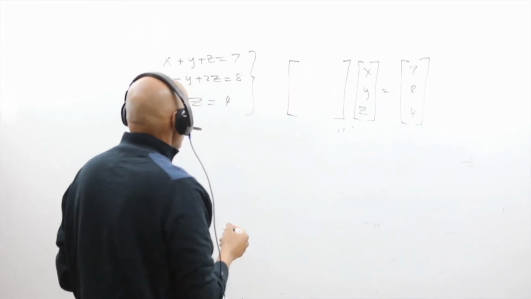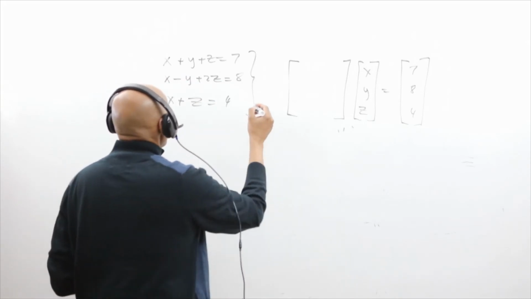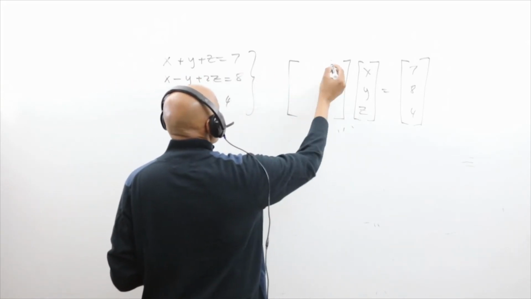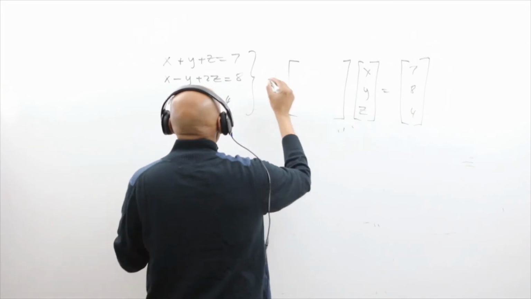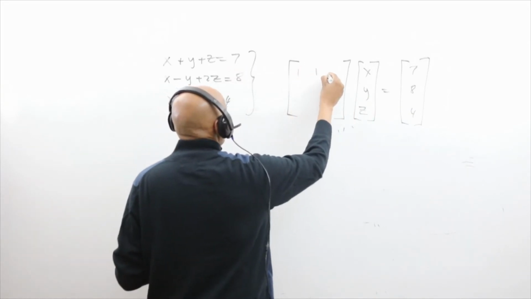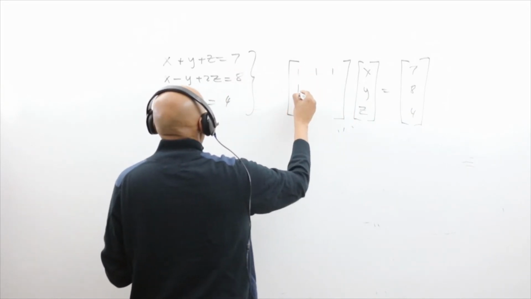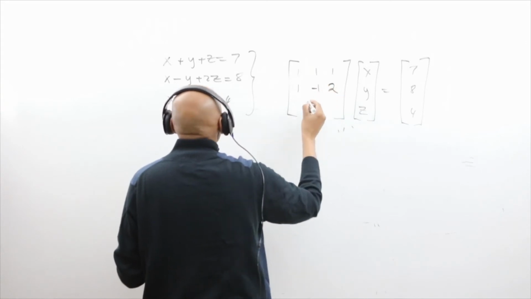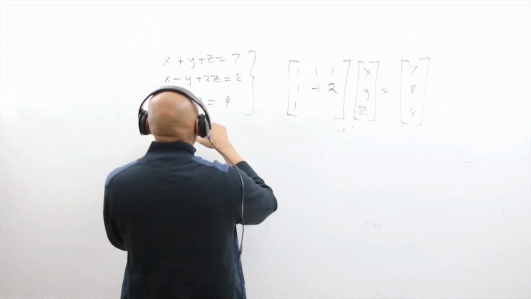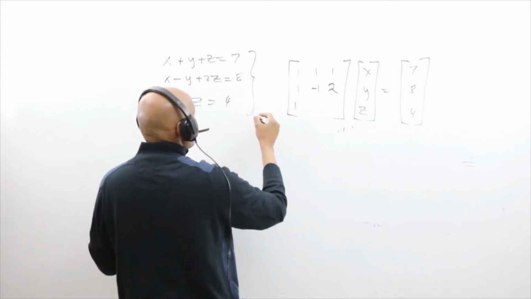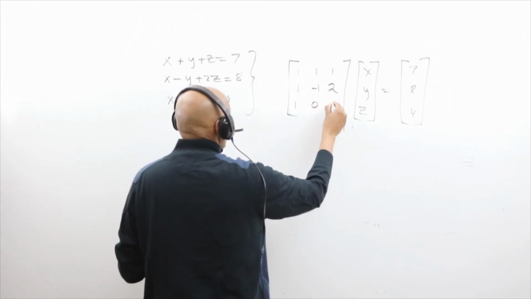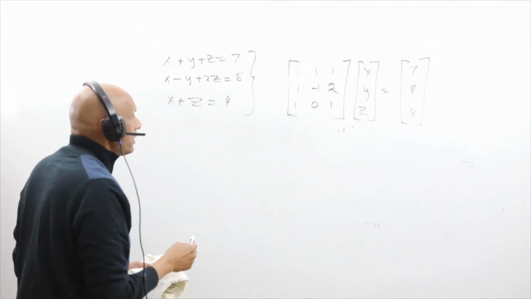So what do you multiply by x, y and z? We get the coefficients. It's 1, 1, 1 for the first equation. It'll be 1, minus 1, and 2. And then we have 1. There's no y, so it's considered 0y, so it's 0. And then a 1. And now we can solve for x, y, and z.